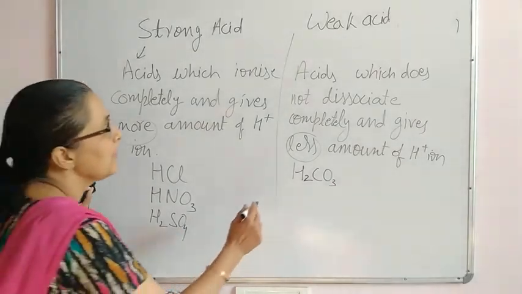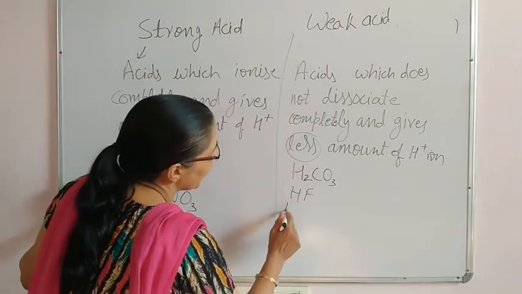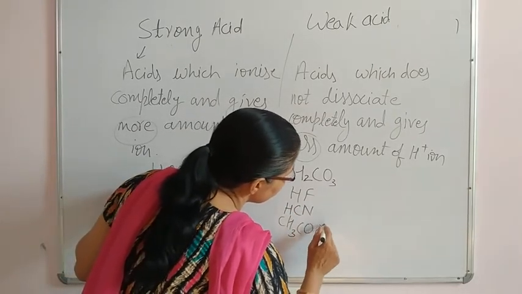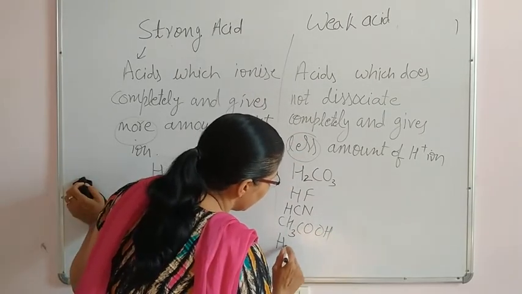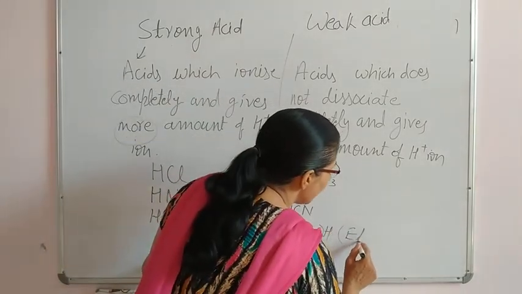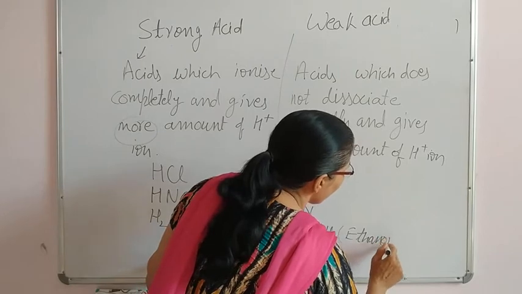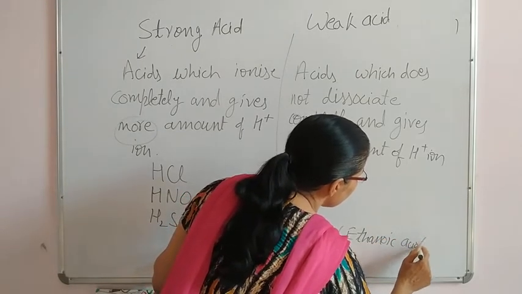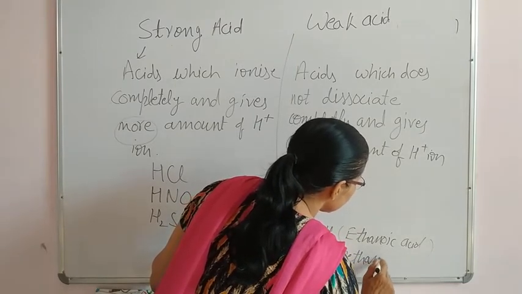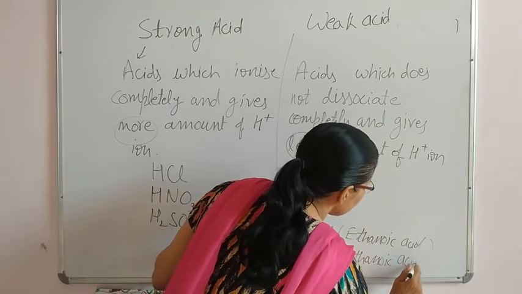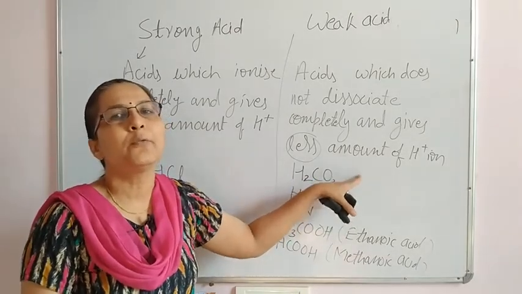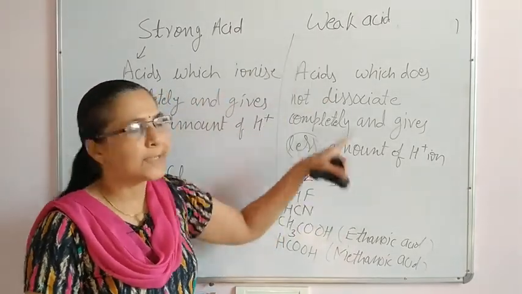In the same manner, HF, HCN, acetic acid, formic acid, which is ethanoic acid, methanoic acid, or you can say the acids we are taking in our food stuff, these all are weak acids.